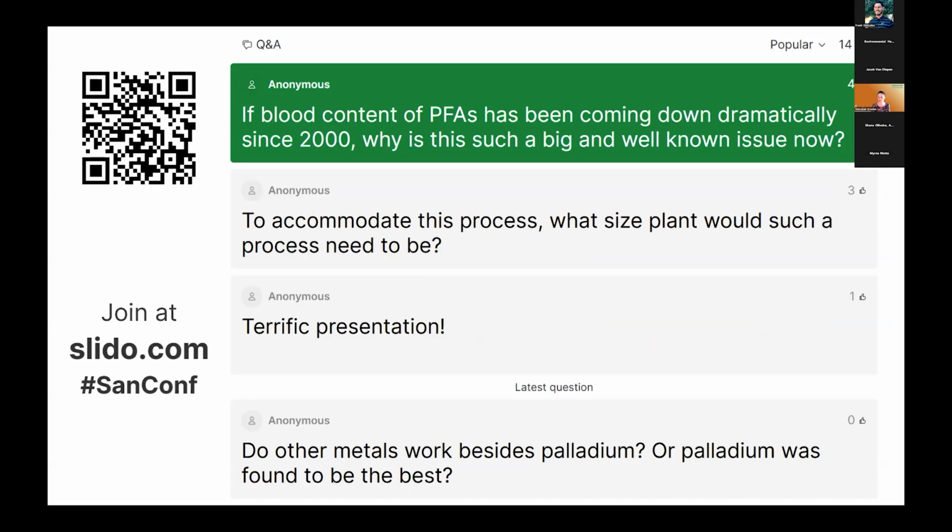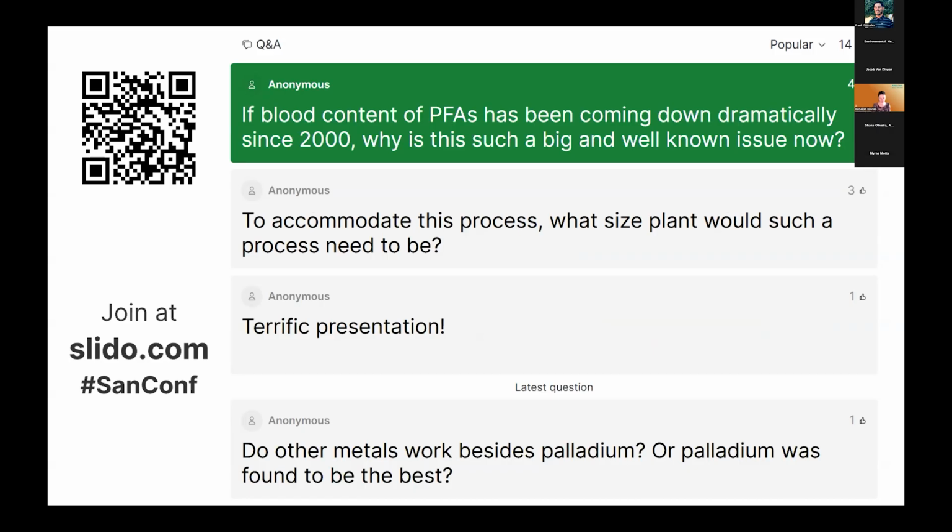But there are two key things here. One is there have been substitutes, and we don't know as much about the fate of the substitutes. Theoretically, the substitutes are less harmful, but that's theoretical. We really don't know. And the second thing is, even though the concentrations have gone down, that doesn't mean they're down to levels that have no effect.